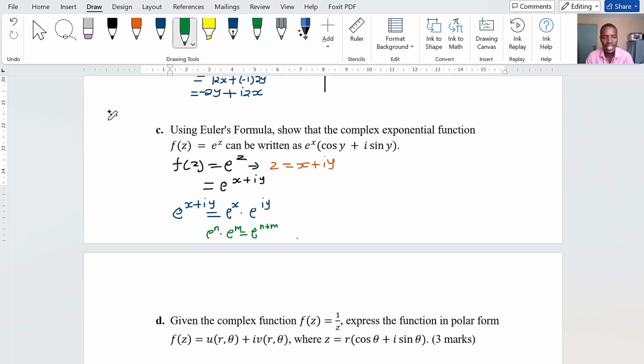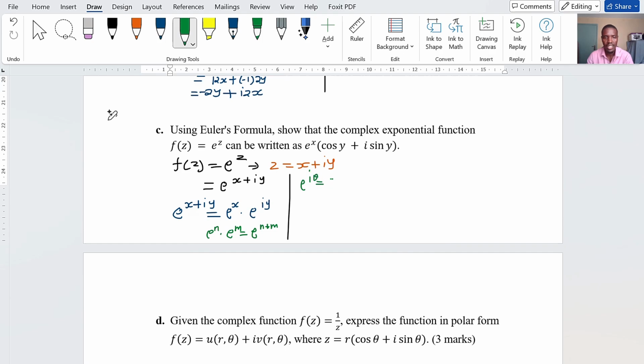Index law, sum. So the product, when you are multiplying with the same base, you add the power. So we have e power x plus iy is the same as e power x dot e power iy. That's your first step.